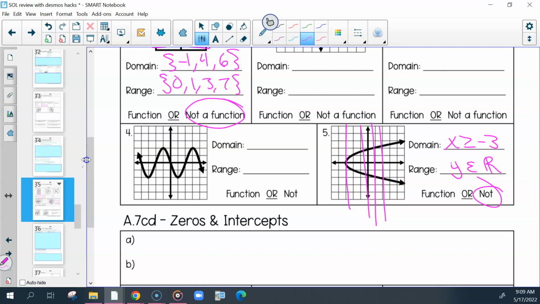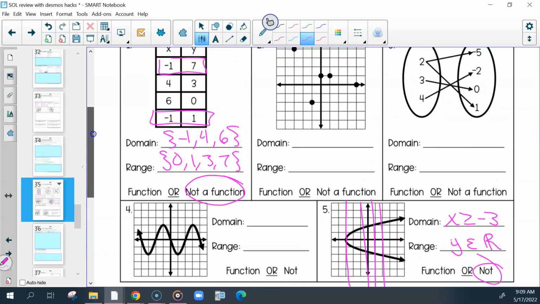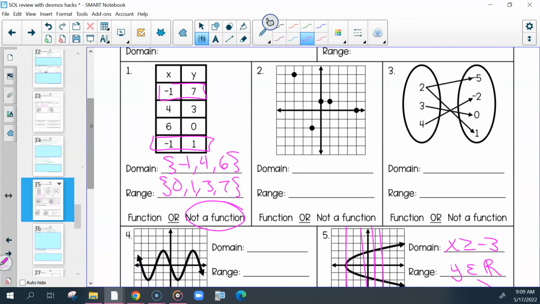Number 2. So for number 2, you have to look at your graph and find your x values and y values. So least to greatest, what would your x values be? These are ordered pairs or random points, so we have to list them each out. So -3.